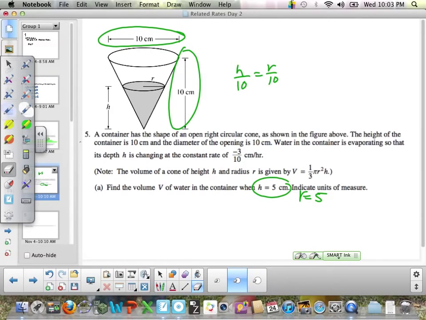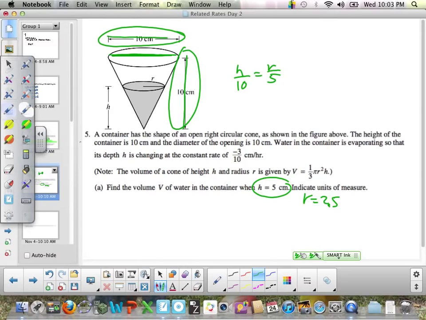When h is 10, r is 5. So when h is 5, r is 2.5. I was making a mistake here of doing diameter. When h is 10, height is 10, diameter is 10, so radius is 5. So radius is half of height.